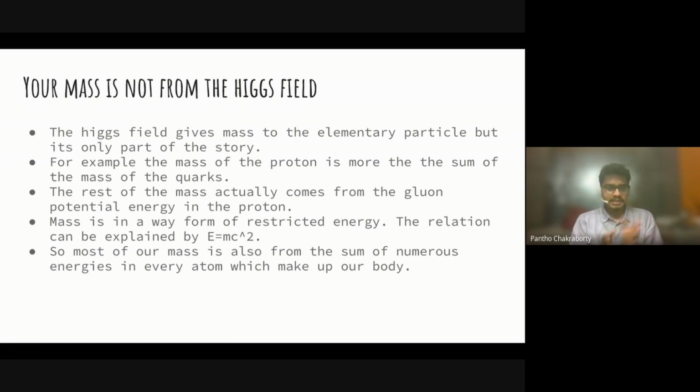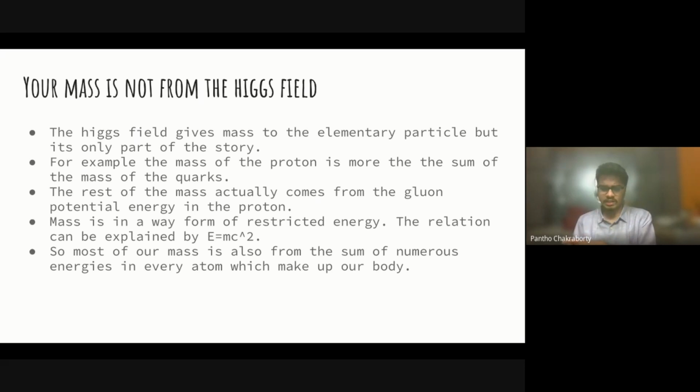Mass is in a way a form of restricted energy. The relation can be explained by E equals mc squared, Einstein's most famous equation. And so most of our mass is also from the sum of the numerous energies in every atom which make up our body. The Higgs field only gives mass to the elementary particles. But once those particles come together and form an object, they also have a lot of energies between them.